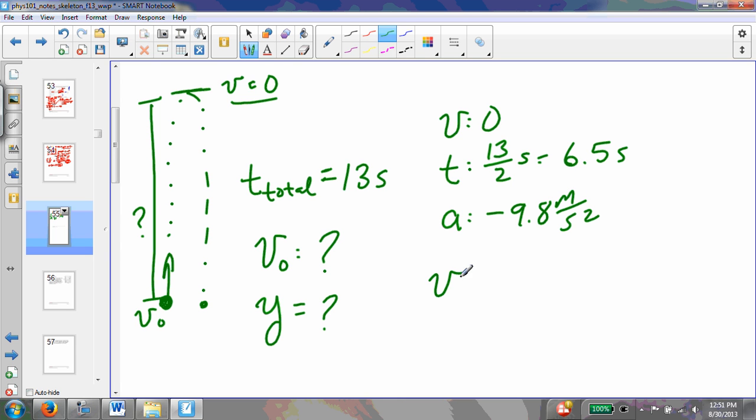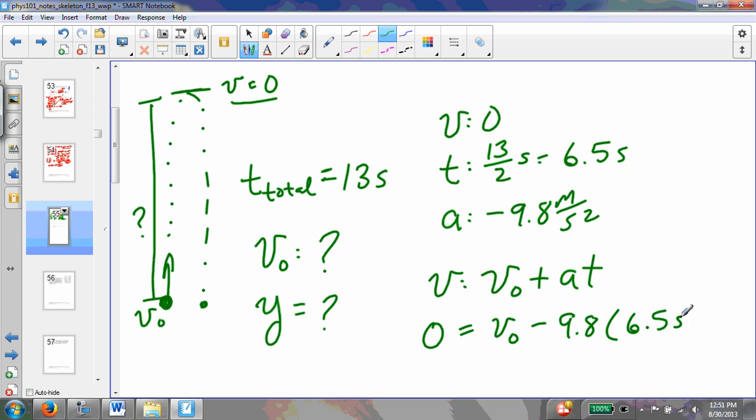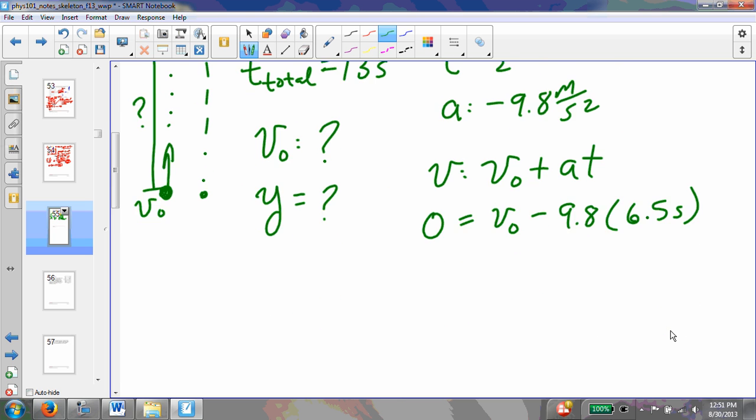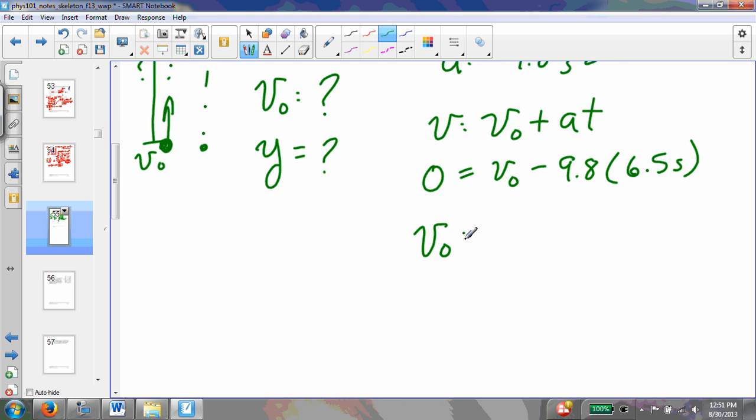And so then I can say v is equal to v0 plus at. v is 0, v0, I want to know, minus 9.8 times 6.5. And then solving for v0, I find that v0 is equal to 9.8 times 6.5, which is 64 meters per second.